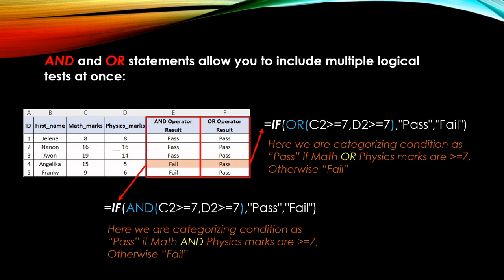Then the student will pass. So in order for this test to be true, both of these conditions need to be true: math marks and physics marks must be greater than or equal to 7. Because it's an AND statement, if these are not true, it's going to return the final value, which is fail.